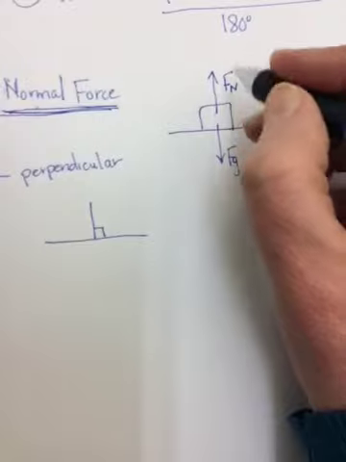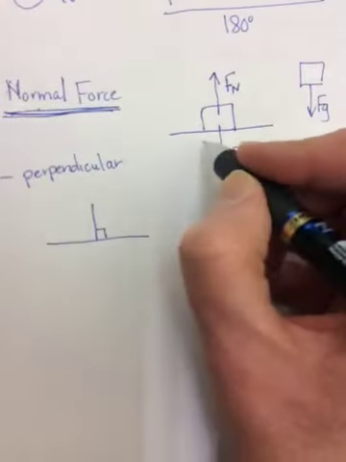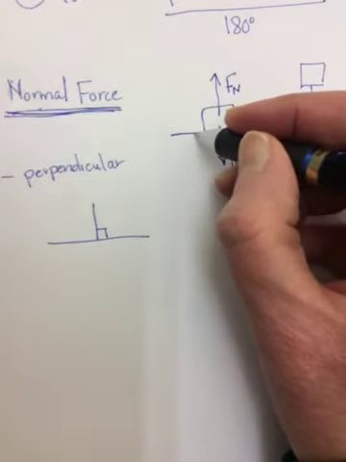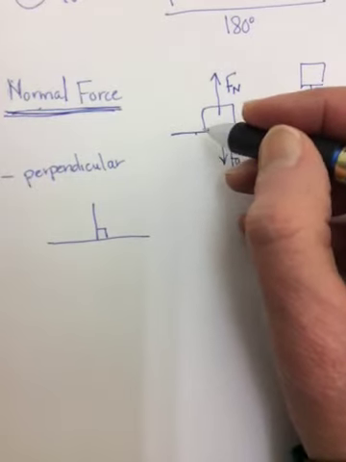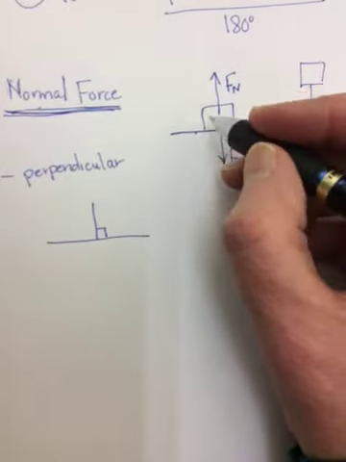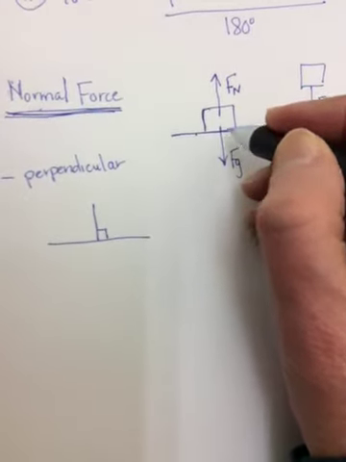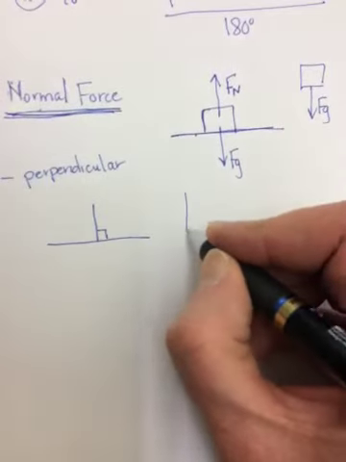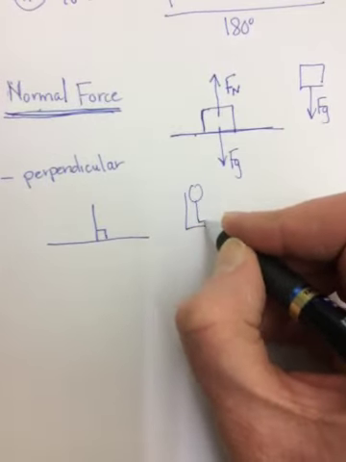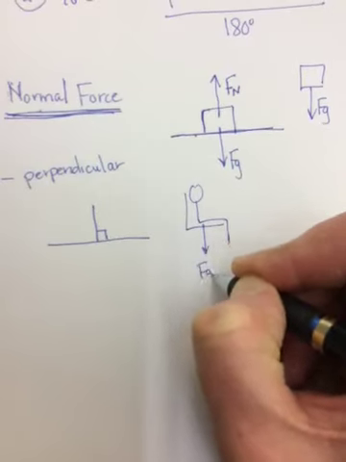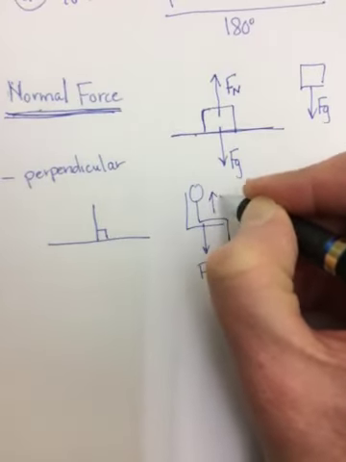Okay? So the normal force is a force that always acts perpendicular to the surfaces in contact. And we say it's the second surface, like the floor or the seat of the chair, pushing back on the first surface, which could be your feet or your butt when you're sitting on the chair. So here you are sitting on the chair, gravity is pulling you down, but the chair is pushing back up.